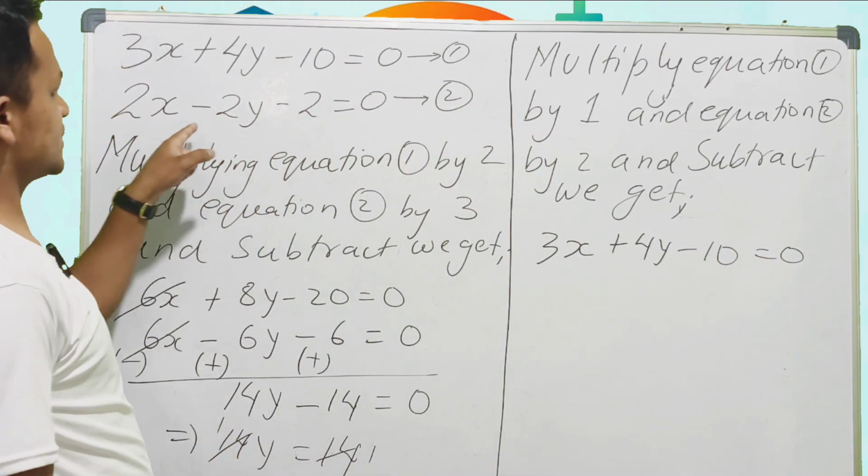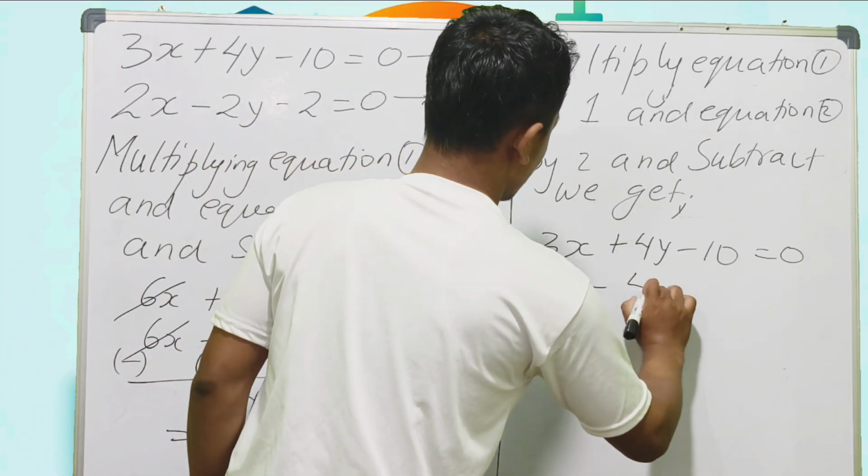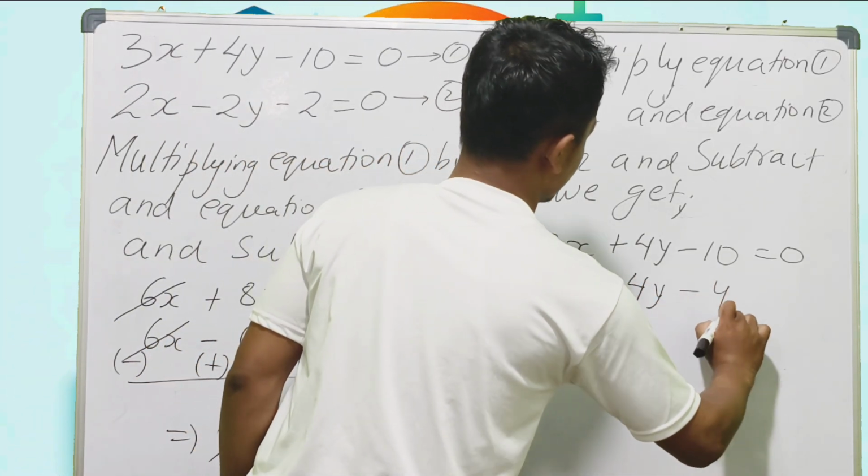And if you multiply each and every term of equation 2 by 2, you'll get 4x minus 4y minus 4 is equal to 0.